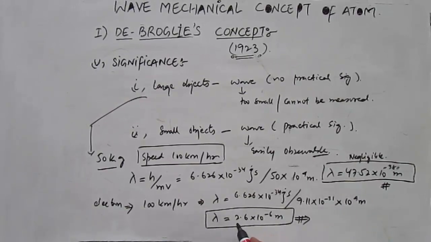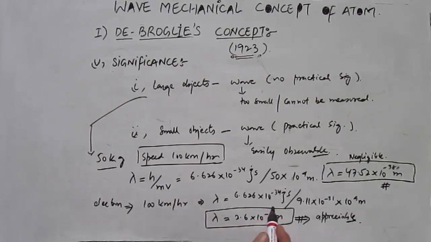However, this wavelength associated with an electron moving at the same speed of 100 km per hour is appreciable. That's why we say that the wavelengths associated with larger objects are so small that we cannot measure them, or they are almost negligible, whereas the wavelengths associated with electrons or subatomic particles or smaller particles are almost always appreciable.